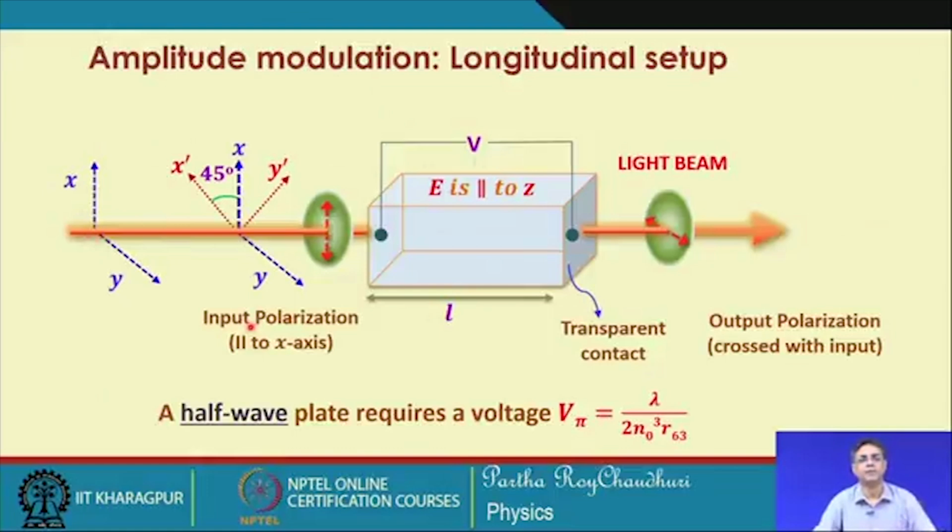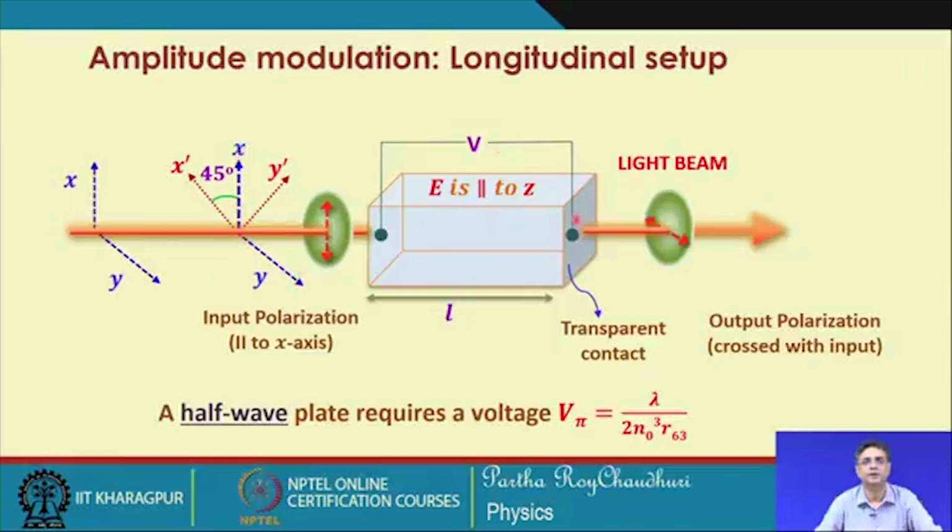Once again, it is very interesting to note that you have the input polarization which is along the old principal axis system. By old principal axis system, I mean when there is no applied voltage to the crystal, and I launch light. So, in the absence of any external electric field, or in terms of any external voltage, the crystal will have its eigen axes, which are principal axes, one of which is x, another is y.